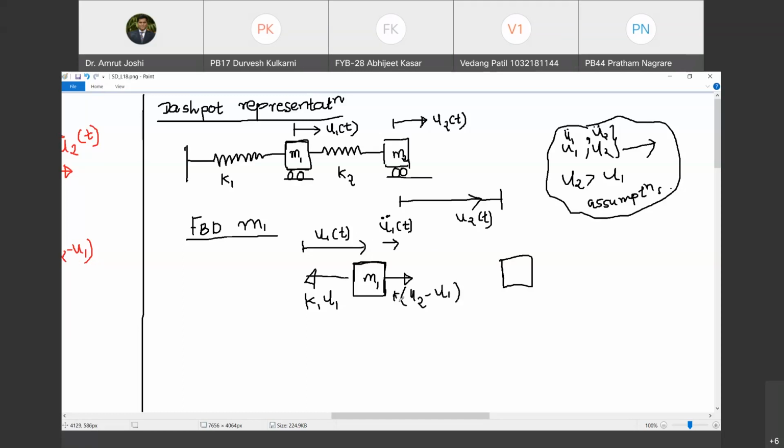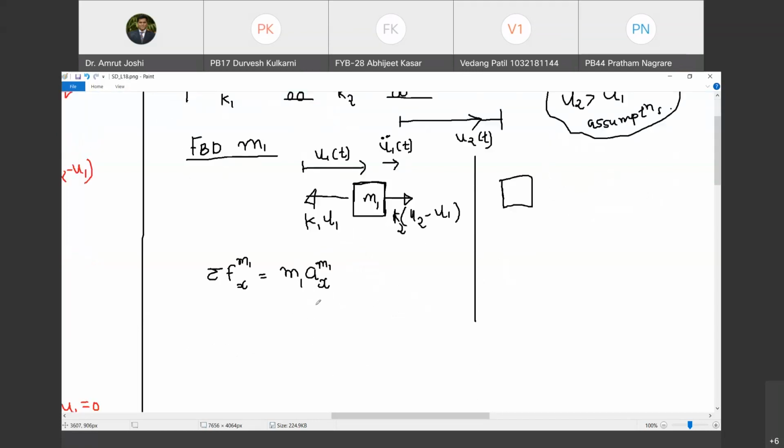Now, can I write down Newton's second law for this FBD of mass m1? What is Newton's second law? Summation of all the forces acting on mass m1 in x direction must be equal to mass m1 into acceleration of mass m1 in x direction.